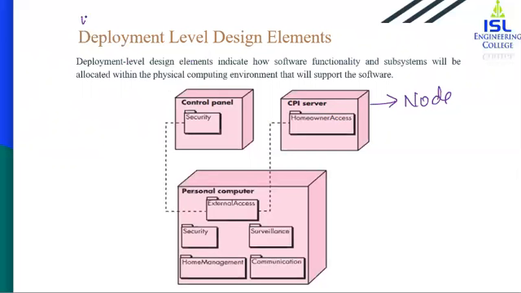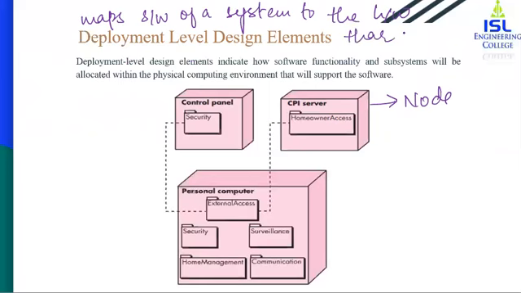The deployment level diagram maps the software of a system to the hardware that is going to execute it. So the component level diagram tells you how all the software elements are arranged and what the connections are, and the deployment level diagram tells you what the hardware is, and where the software is going to reside.